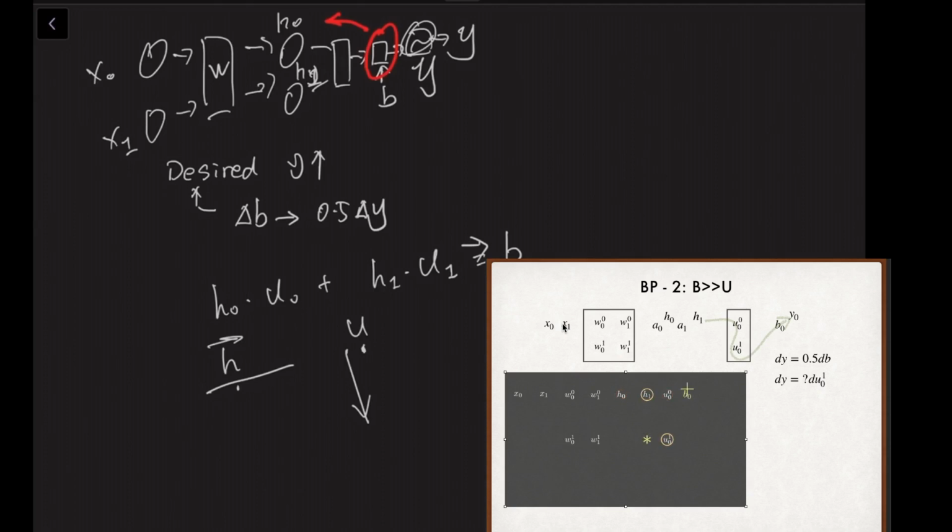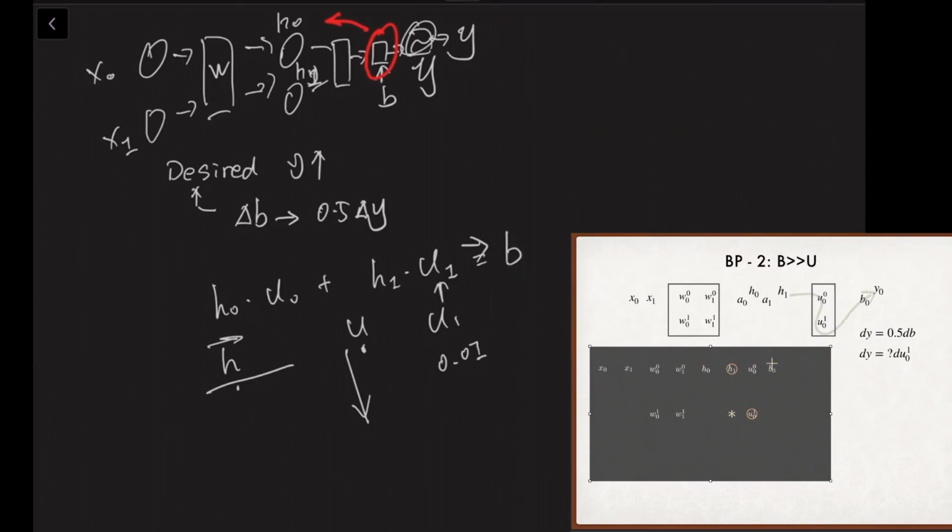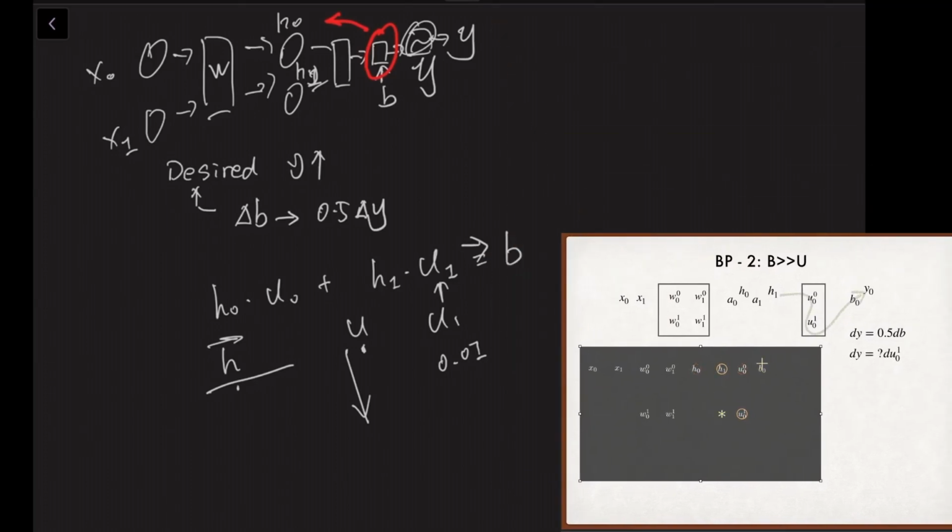Well, let's consider one element of u. Let's see this element. It is not difficult to imagine that if you change u1 by 0.01, then b will change by 0.01 times h1.